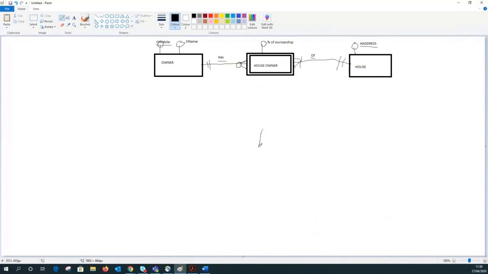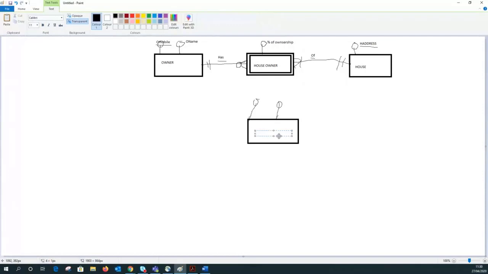I can remove this one. I'll create an entity like this. Strong entity, and again two attributes: mobile phone and the name of the renter. Now you can see the owner entity and the renter entity actually look the same. So this is the renter.